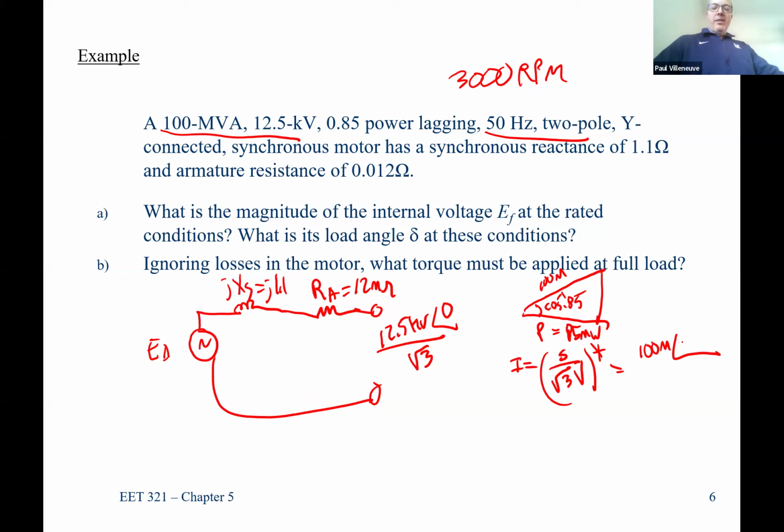The angle is the negative inverse cosine of 0.85. Why is it negative? Because of the lagging power factor. I divide that by the square root of 3 times 12.5 kV, and that's going to be at an angle of 0. So that's my current I going into the machine.